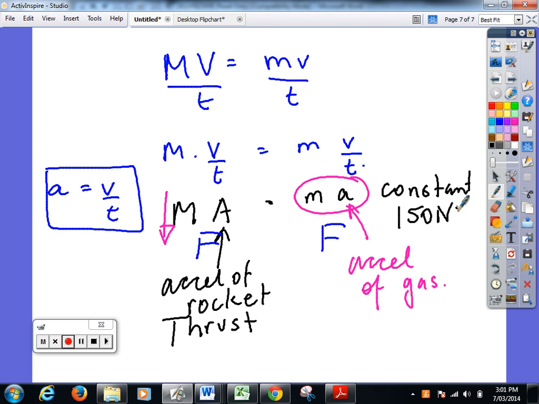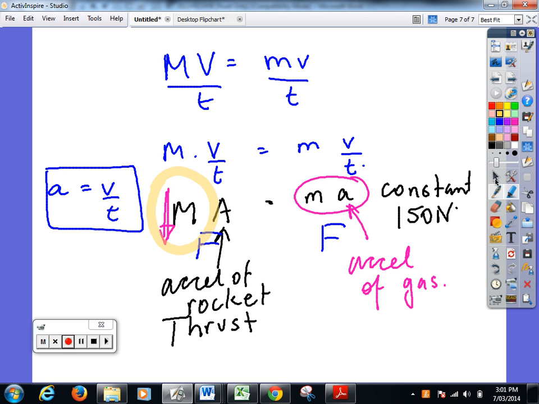So if the thrust is constant, so that the motion of the rocket is constant, but we also have a decreasing mass over here, then what must happen on this side over here to make it constant?